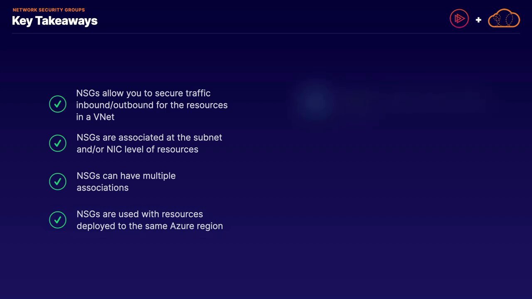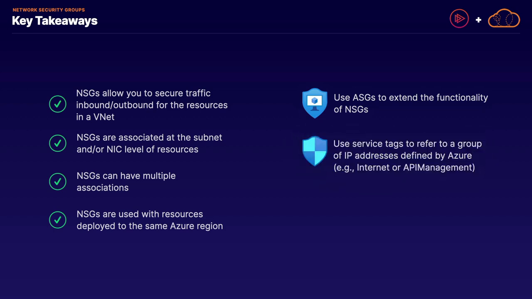And the other key takeaways that we want to understand for NSGs are that we can use application security groups, which we're going to dive deeper into in the next lesson inside of this section, and that they extend the functionality of NSGs. Then we have to understand that we use service tags to refer to a group of IP addresses defined by Azure, such as Internet or API management, and we'll see more about this in the following lesson, where we are actually administering network security groups.